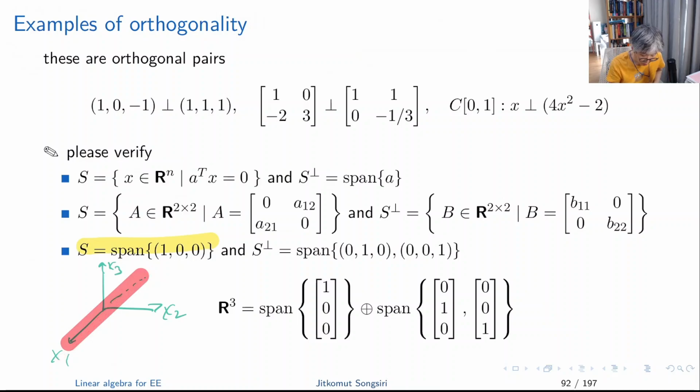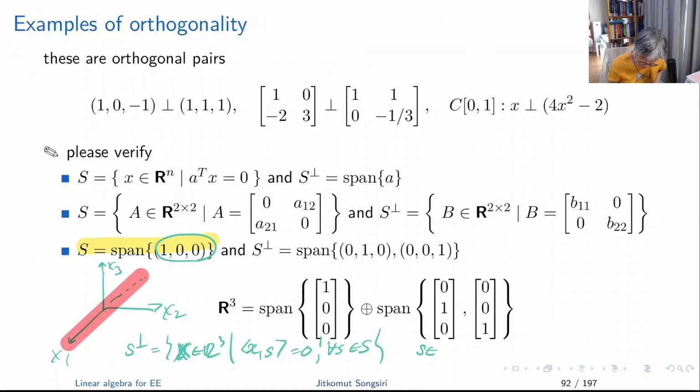So if we characterize it, S perp is going to be the set of x in R3 such that x is perpendicular to s, that is, the inner product equals 0, for all s in big S. But how would I describe any small s?